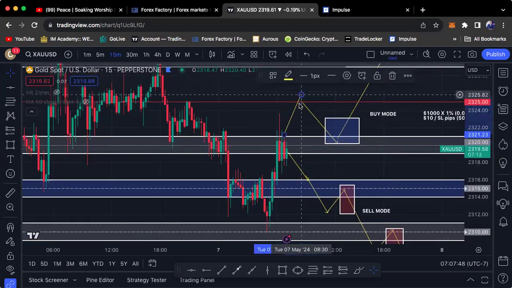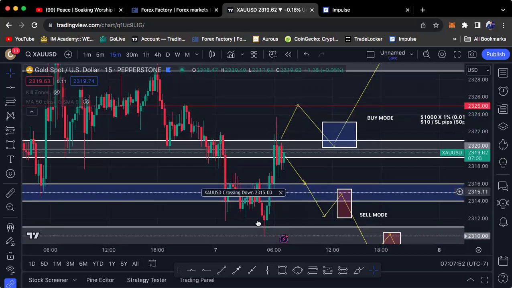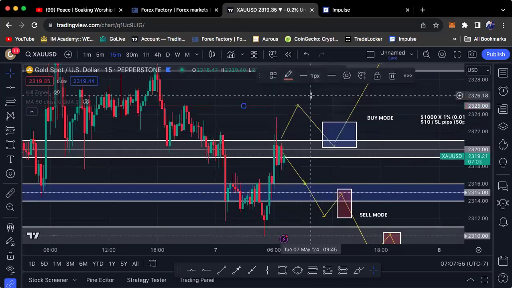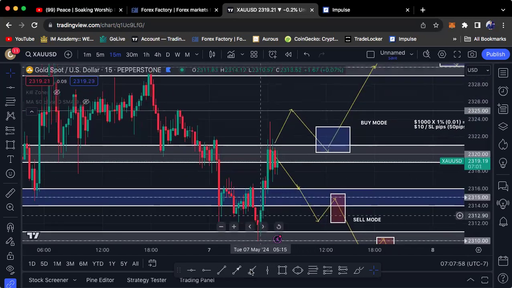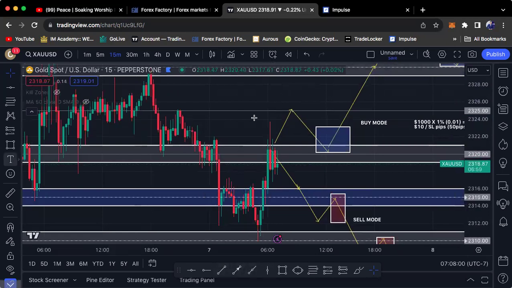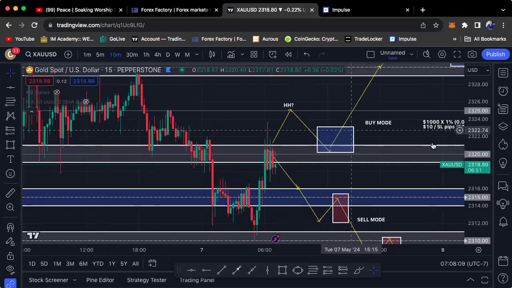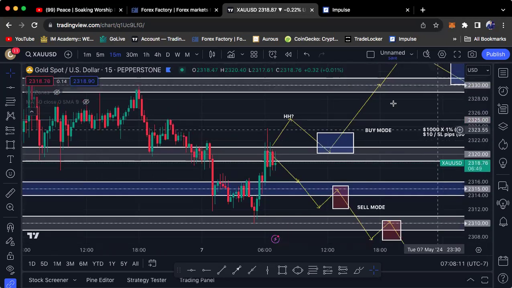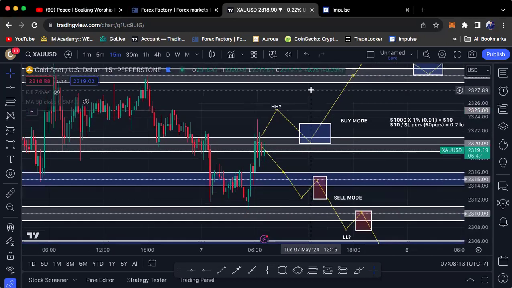And it creates a new higher high at 23.25. Maybe this is a potential higher high. Will it be a higher high? I don't know. We'll see. That's why I'm putting it here. Higher high.